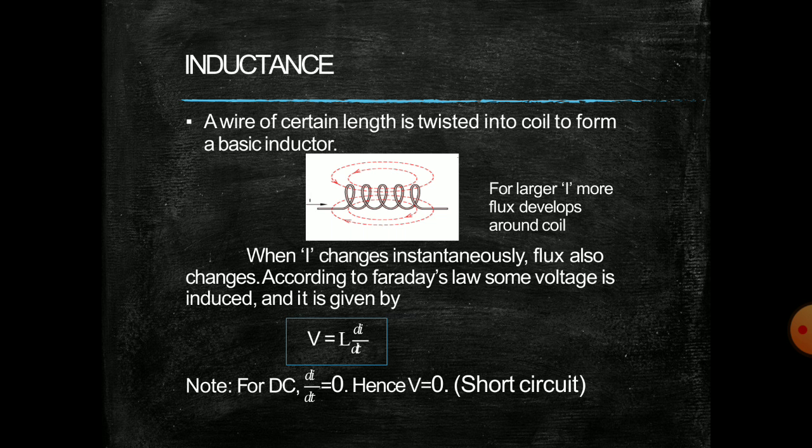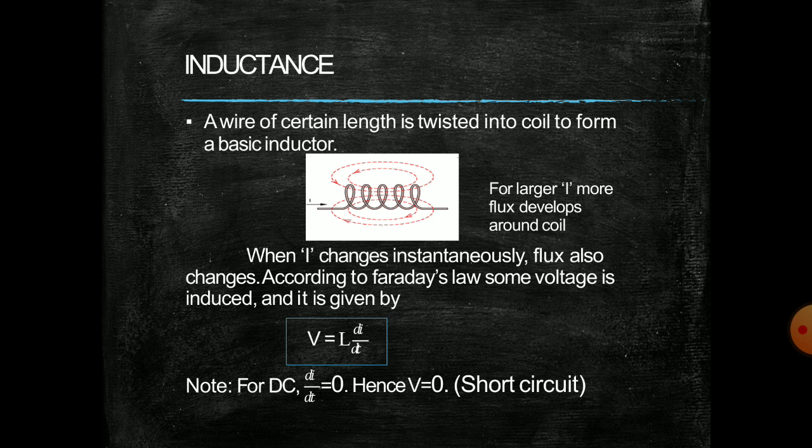When current is flowing through the coil, an imaginary flux will be generated in the coil. You will study that in the third year subject, electromagnetic field. When current flows through any coil, magnetic flux is created, and how it is useful, you will study in that subject.